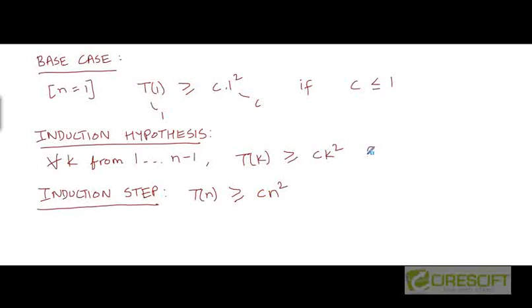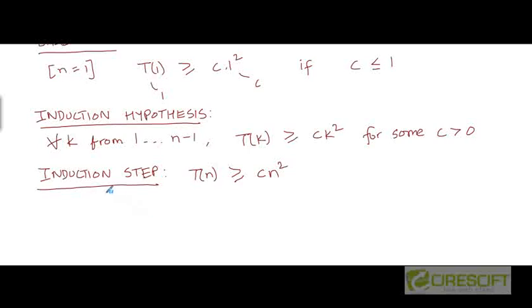So this is true for some positive constant C, and we want to prove that even at n, T of n is greater than or equal to that same constant C times n square. Now T of n is given to be 4 times T of n by 2 plus n.